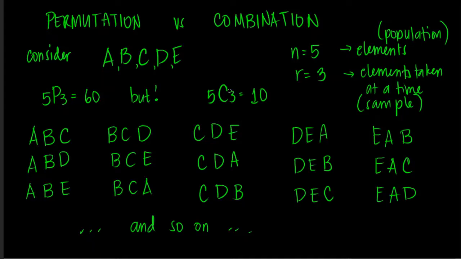If you look at your calculators, shift, multiply, you will see nPr. So, first key in N, then shift, multiply, and then write your R. And then also, at shift, divide, you will see nCr. So, that's the shortcut for permutation and combination on your calculators.